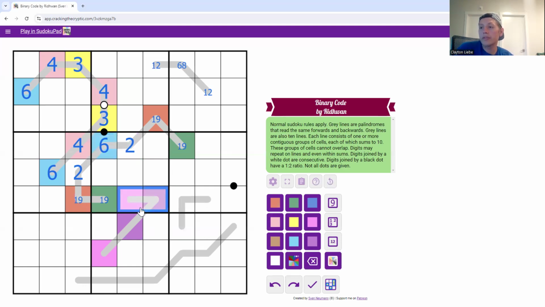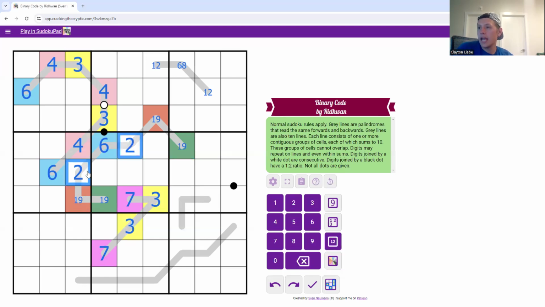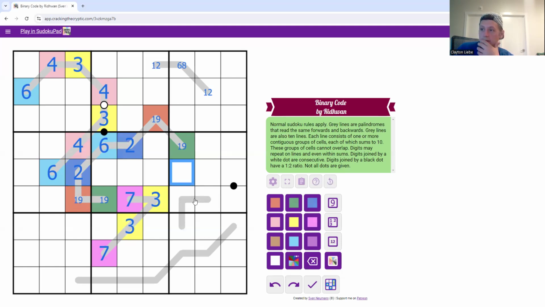So it can only be 3, 7. And pink sees a 3. So purple digits are 3, and those are 7s. And for the sake of the puzzle, we already have a color assigned for our 3s, so we might as well just keep it up. And for fun, let's give blues a color as well. Why not?